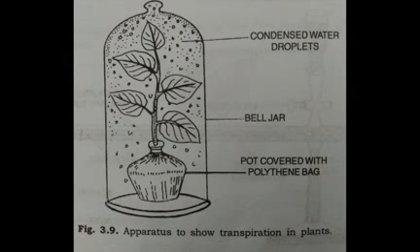The factors that affect transpiration are sunlight, then humidity, then temperature, wind, then available soil water, and of course the structural features of plants. So these are the factors which affect the rate of transpiration.